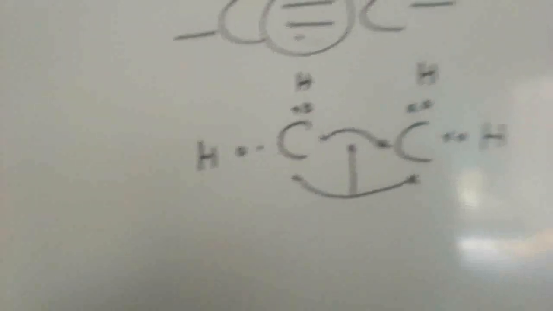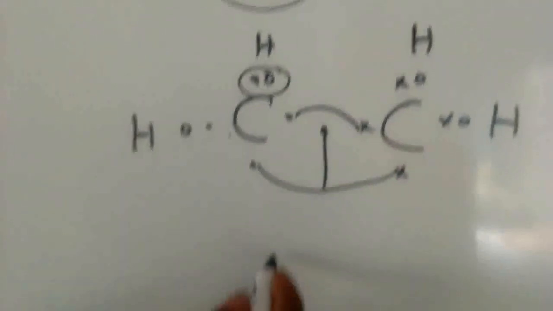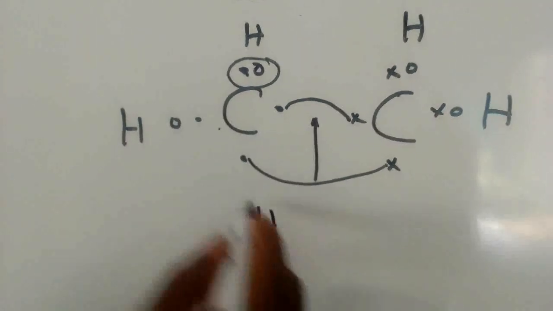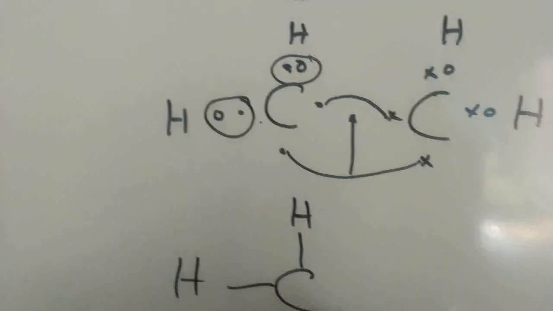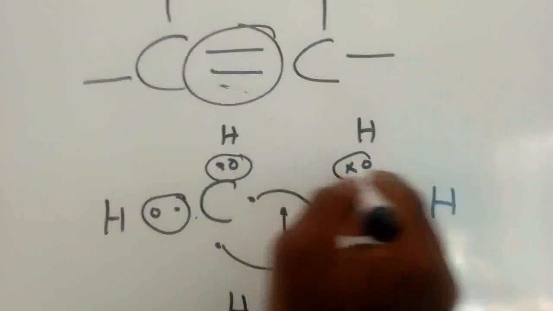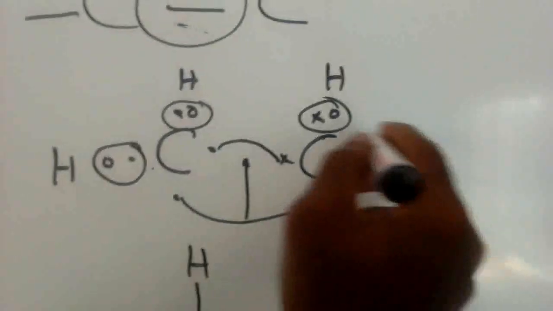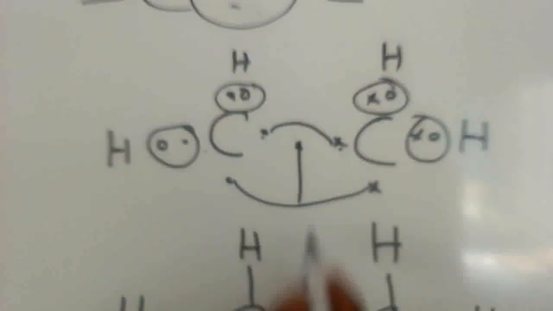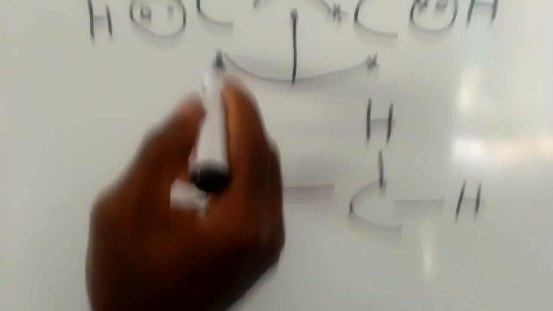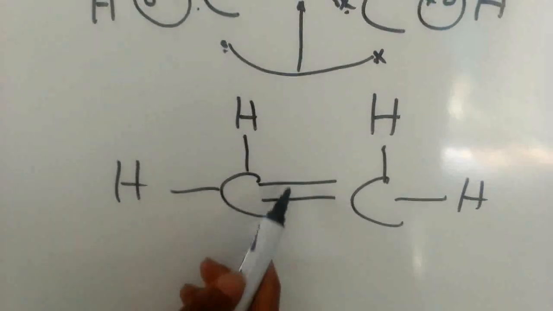So at the end of it, we have this structure. This is a shared pair, or bond pair, making a single bond here. Then this shared pair here makes a bond, and this other shared pair makes another bond. So that gives us a double bond.